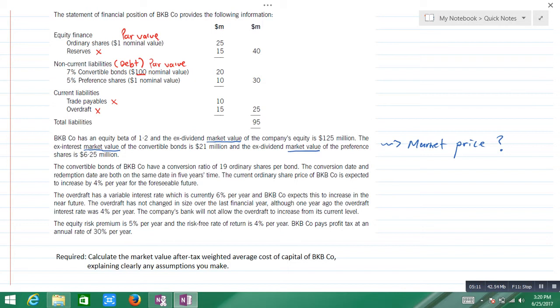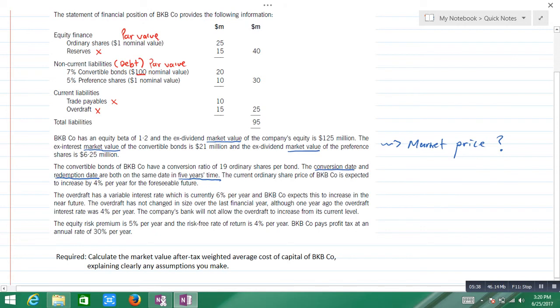So look at the second note now. The convertible bond of BKB Co have a conversion ratio of 19 ordinary shares per bond. The conversion date and redemption date are both on the same date in 5 years. Look at that. Conversion date and redemption date. That means your redemption value and the conversion value are on the same date in what? 5 years time.